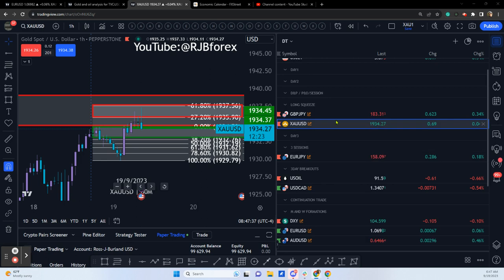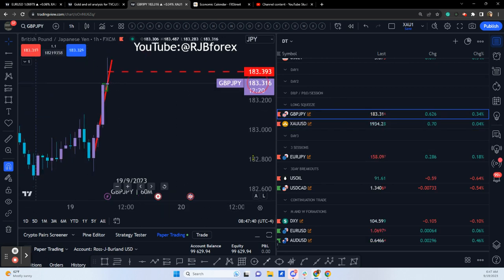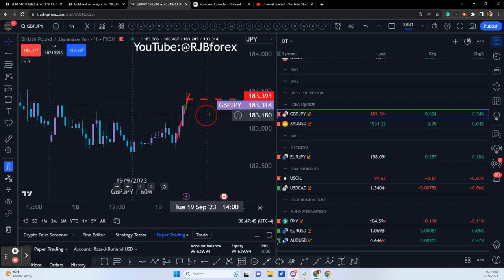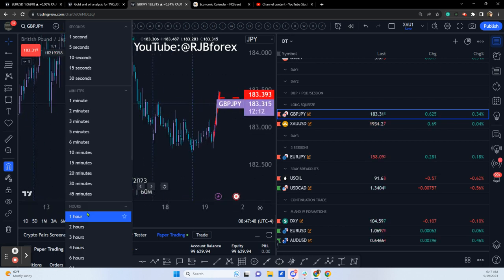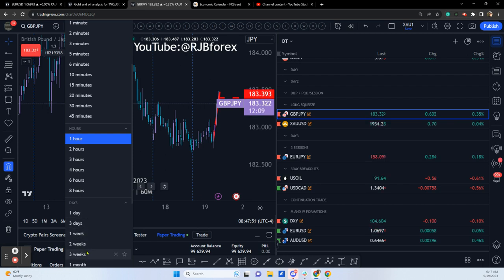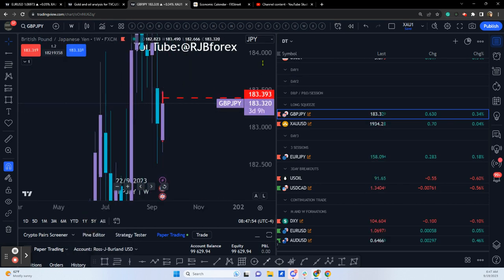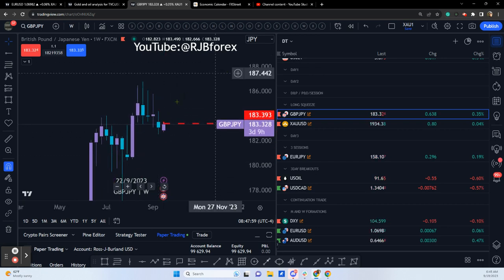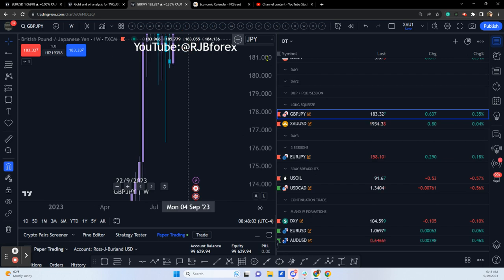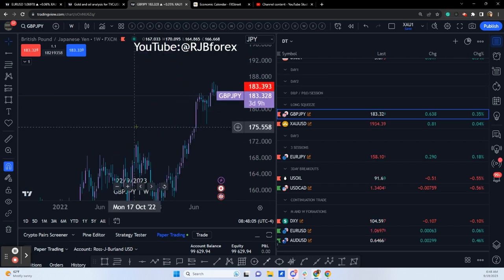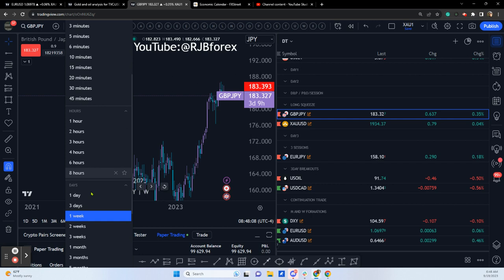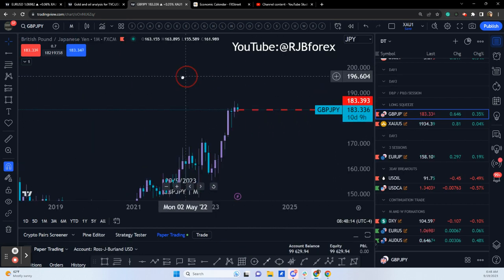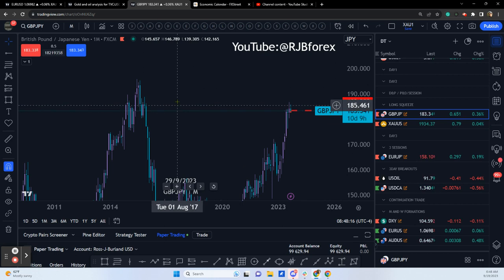Yeah, so we're looking at sterling yen, and yes, I'd say so. On the longer term picture, we are in a monthly resistance area.